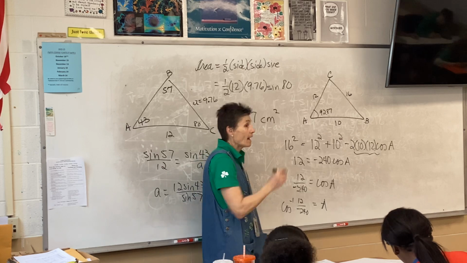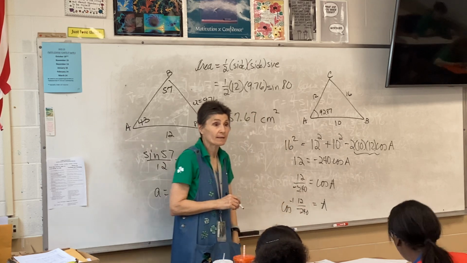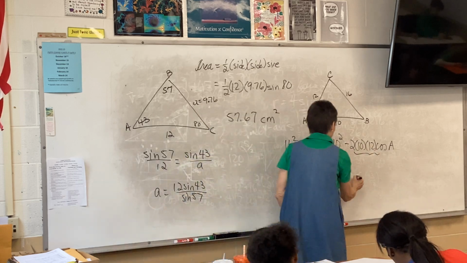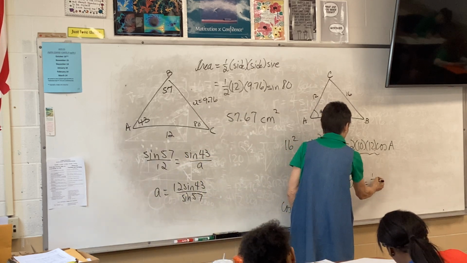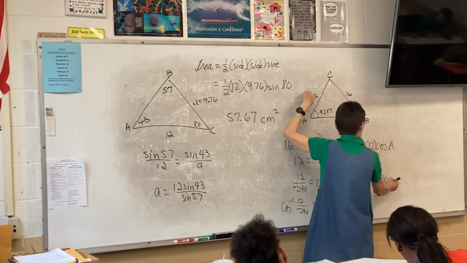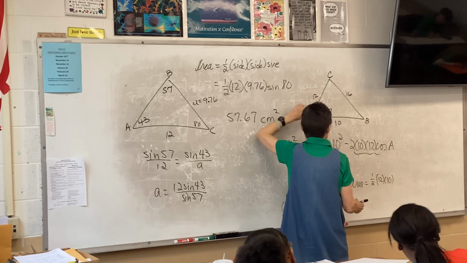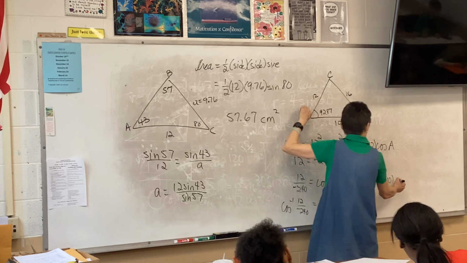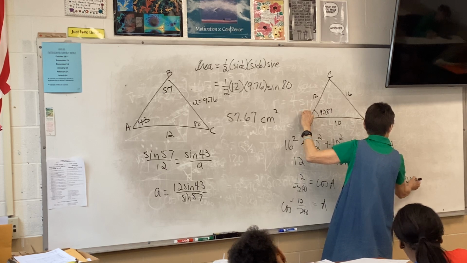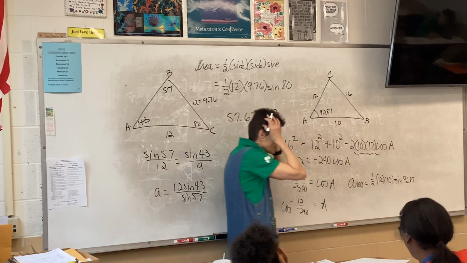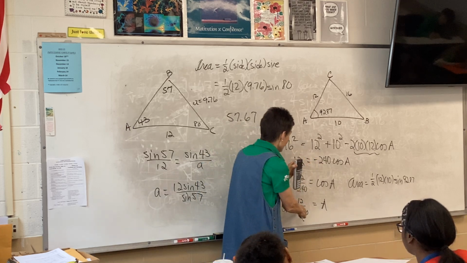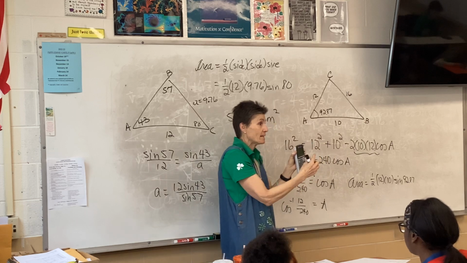All right. Now, can I find the area of the triangle? That was my goal. So now, what will the area look like? Area is going to equal 1/2 times 12 times 10 times sine of this angle. Now, I need everybody to do one thing for me. I hope you haven't already started typing in. The last thing on your calculator, you did second cosine and got 92.87.